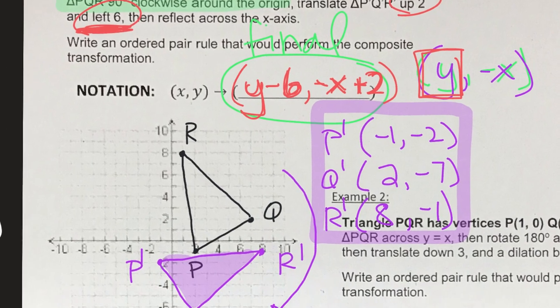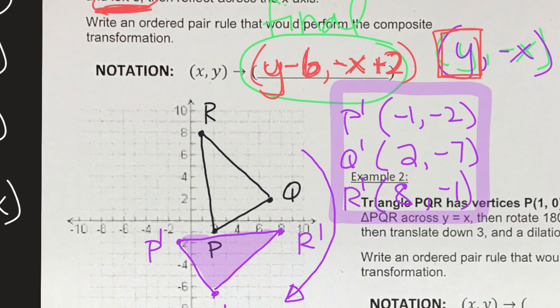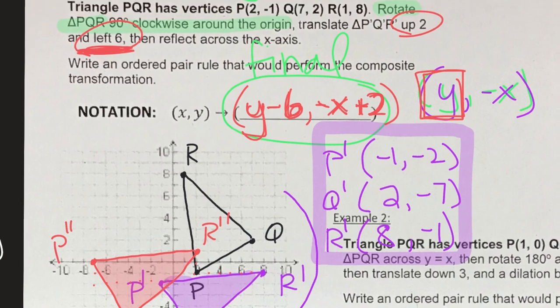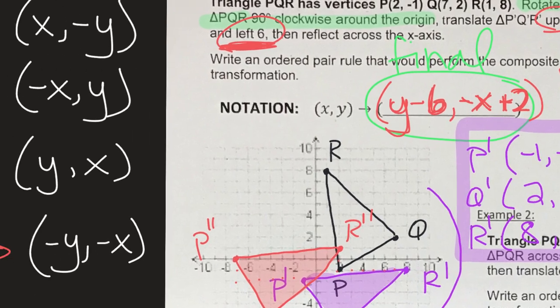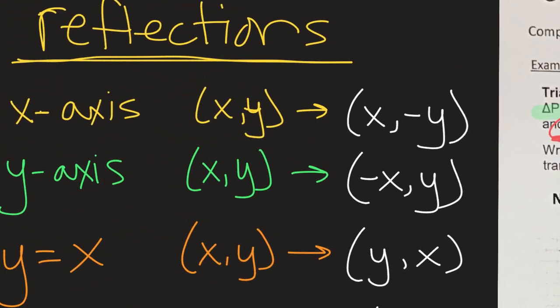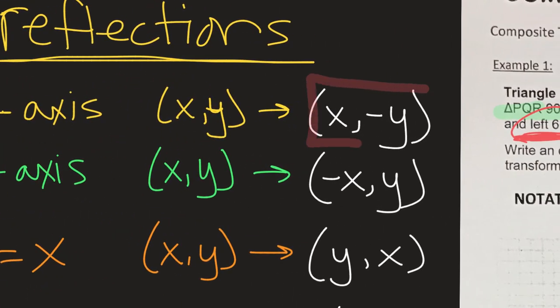Okay, so let's go ahead and do that and see where we end up. So P double prime is what we're at now, and now it says reflect this across the x-axis. So what happens when we reflect it across the x-axis? Your x value stays the same and your y value changes.